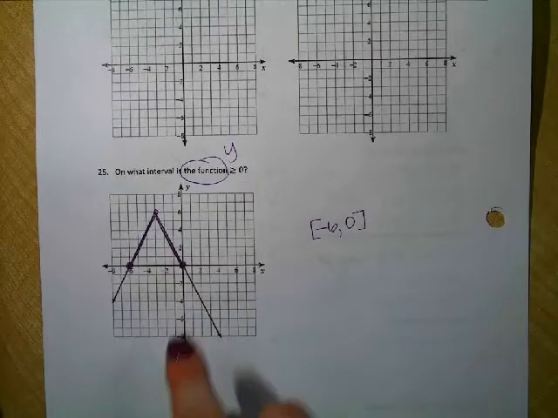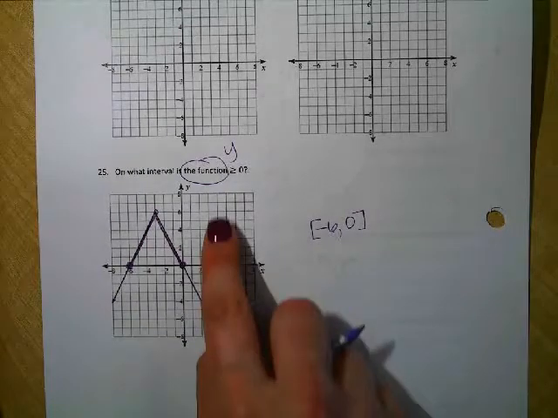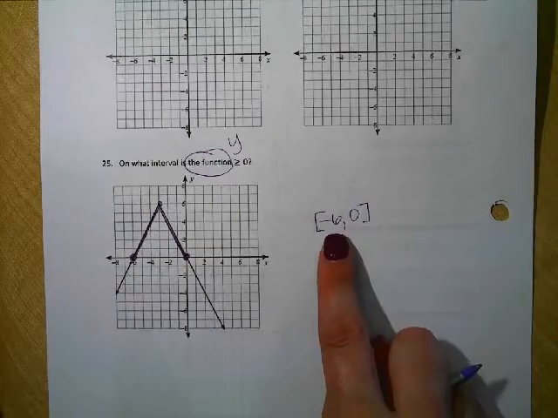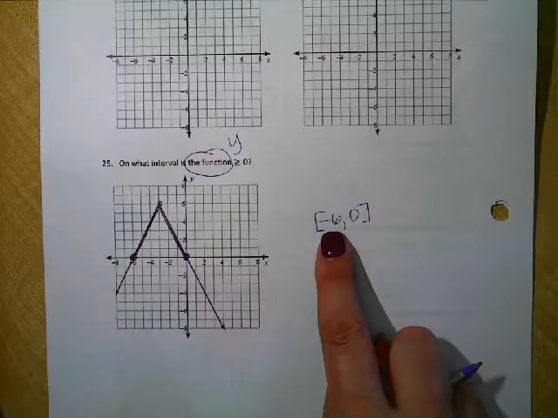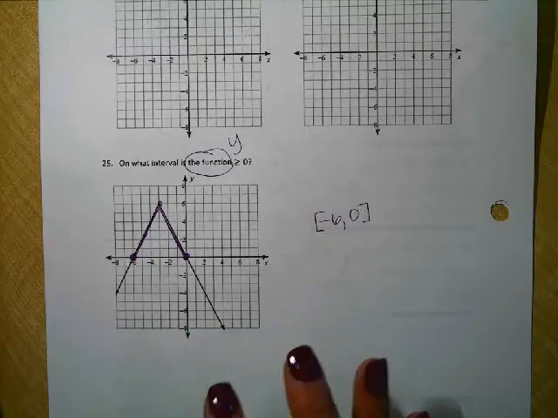We are going to start to ask questions like this, like where's the function? Another way I could have phrased it is where's the function positive? And then it would have had a similar answer. It wouldn't have had brackets then, it would have been parentheses because we wouldn't be including 0. But we're going to start to ask some questions like that just so we can understand the vocabulary that we use with functions.